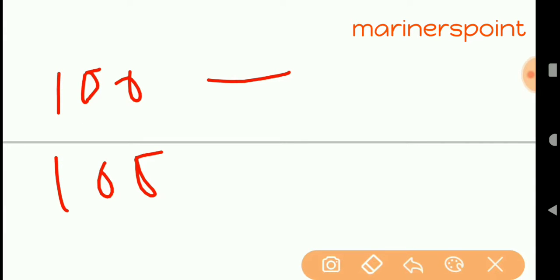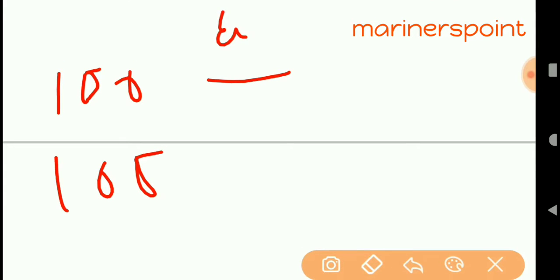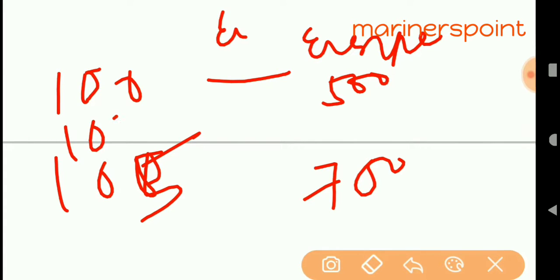I am only showing an example. On even keel, trim, everything is mentioned, but I am showing here on even keel. On even keel your volume is some 500, and here it is 700, and you get 103. Then how can you calculate? Then you have to use the unitary method.